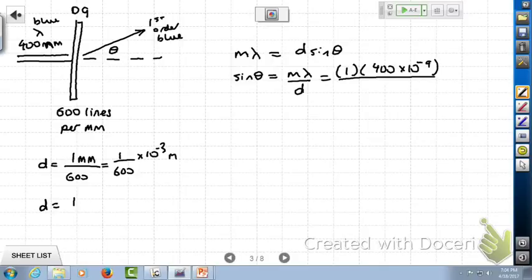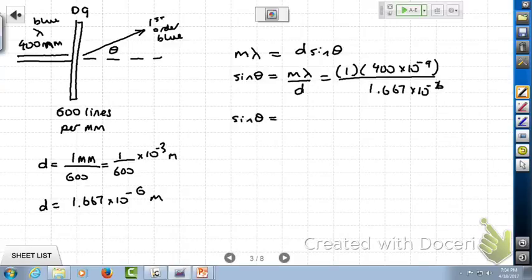D is equal to 1.667 times 10 to the minus 6 meters.